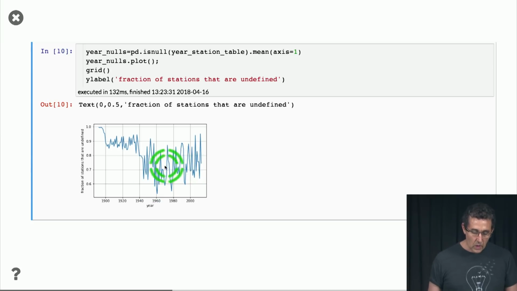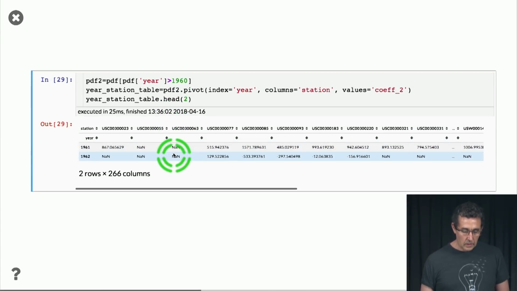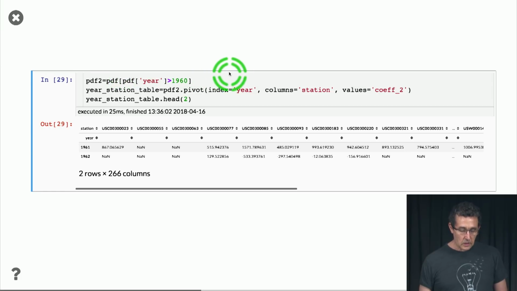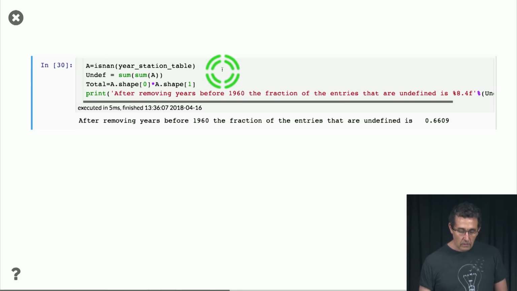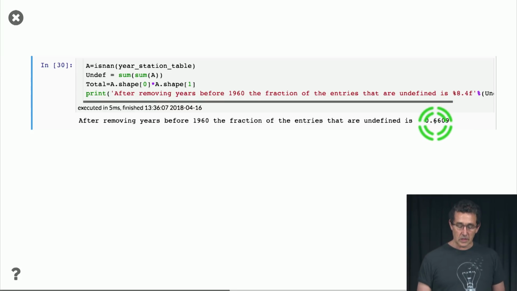So what we chose to do here is concentrate on the years 1960 and on. Once we concentrate only on those years, we have a better density: only 66% of the elements are NaN.